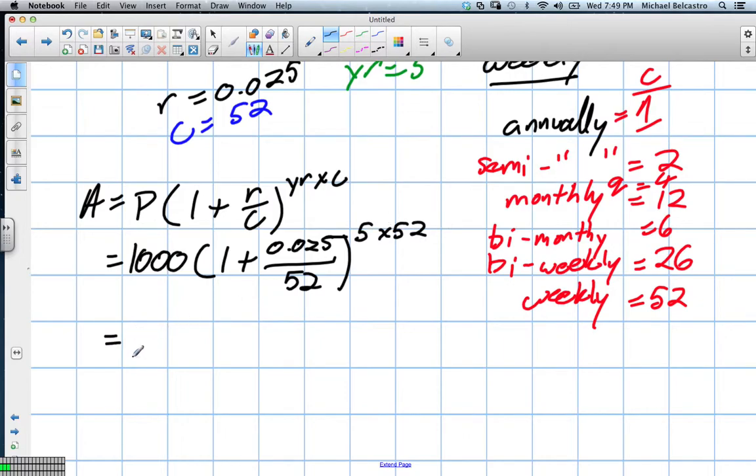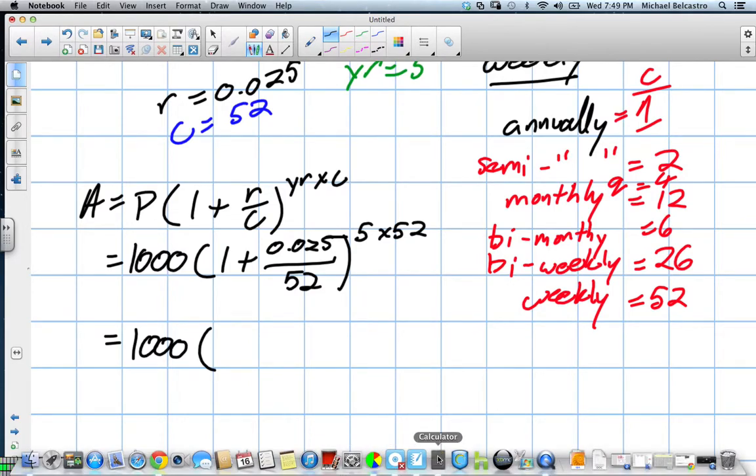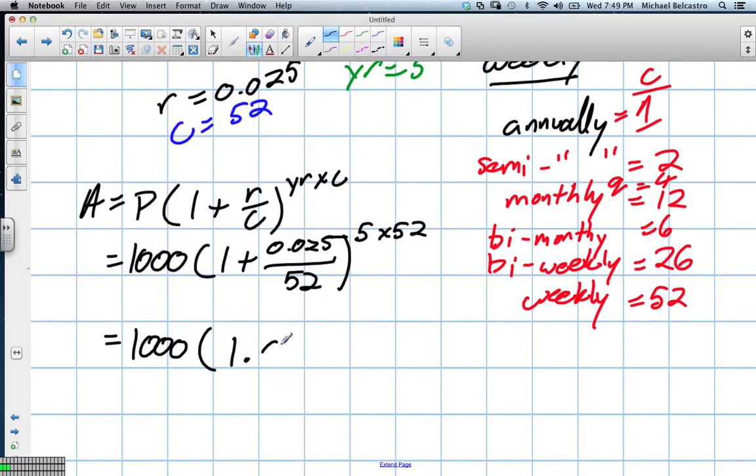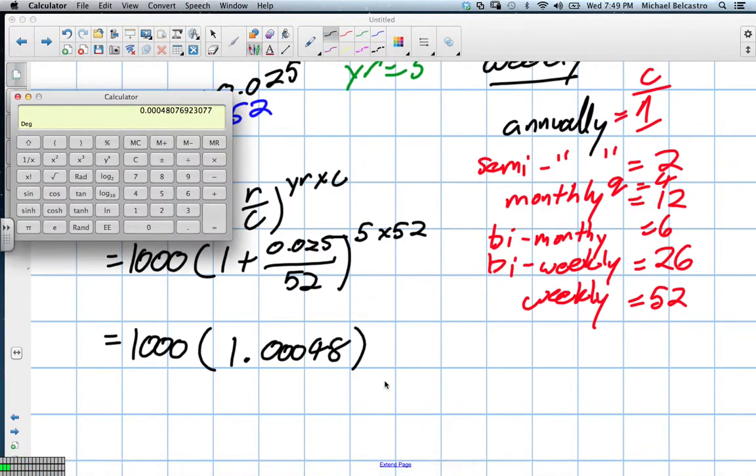Okay, so from here we get 1,000. We'll divide that and add it to 1 all in one shot, because it's pretty straightforward to do that. 0.025 divided by 52. And if I add 1 to that, it's just going to be 1.00048, and then a 0, which is not as important.